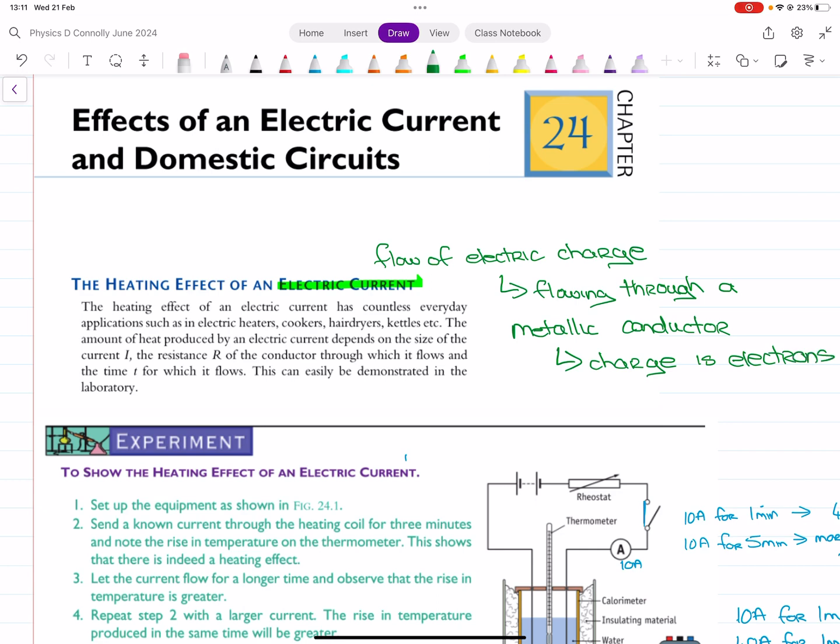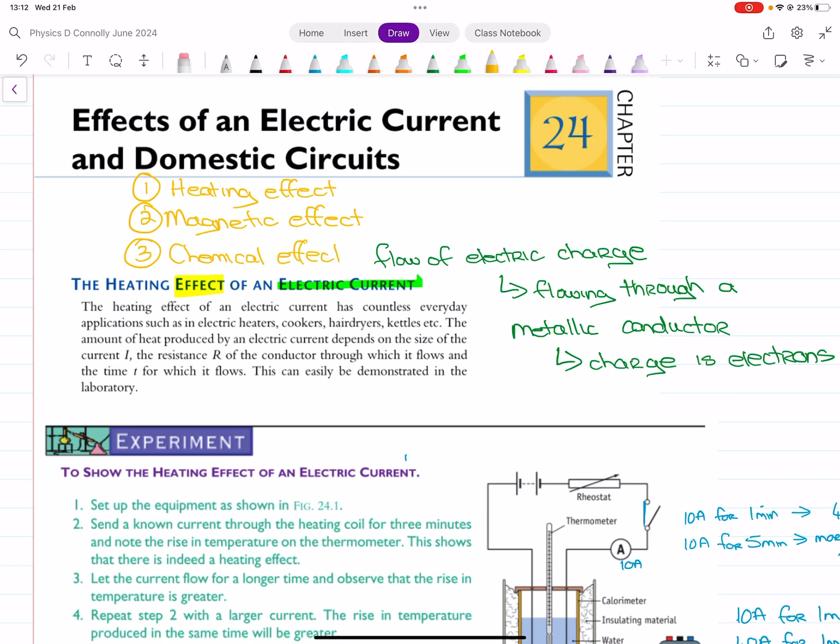Then we said that electric current has 3 effects. It is the heating effect, which we're going to talk about here, the magnetic effect, and number 3 was the chemical effect.